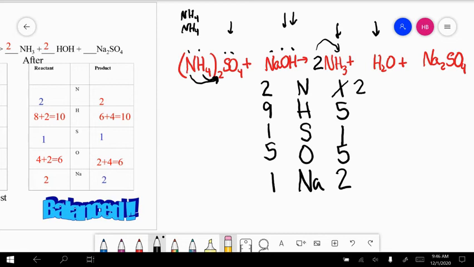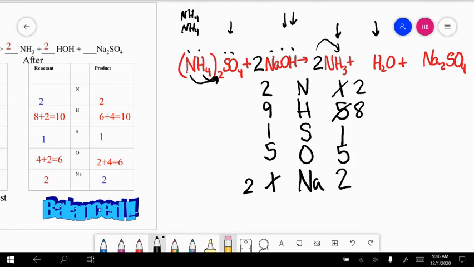So it's 2 times 3, or 6, 7, 8 now. So now my nitrogens is balanced. Let's go over here and balance my sodium. My sodium I'm going to balance by putting a 2 there. Now my sodium's balanced. But that also changes my oxygen and hydrogen.